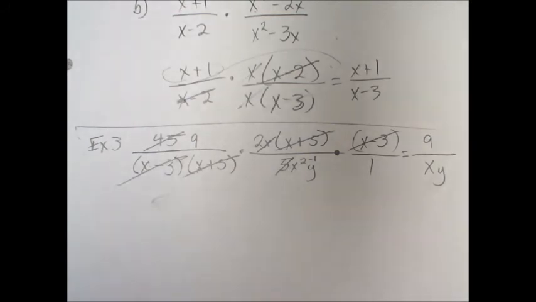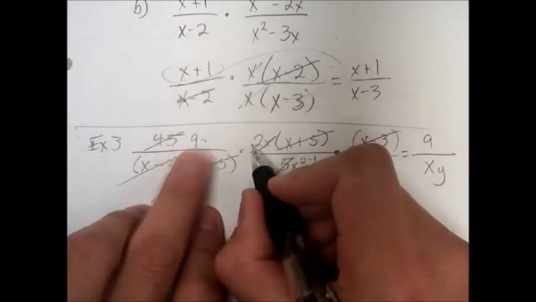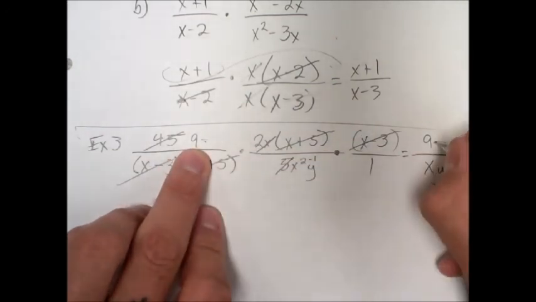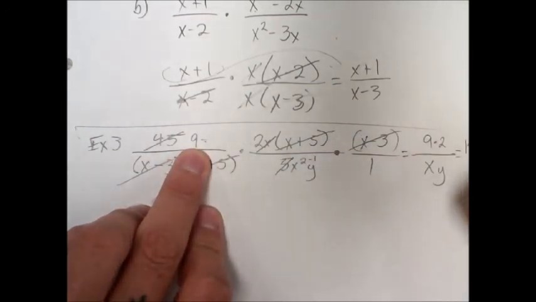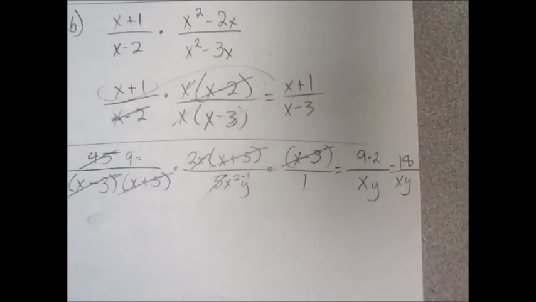Oh, I just canceled my x. I didn't cancel my 2. Thank you for catching that. So those two are multiplied by each other still, right? Okay, any more questions? I have faith that y'all can multiply.